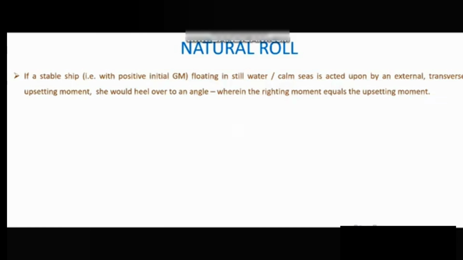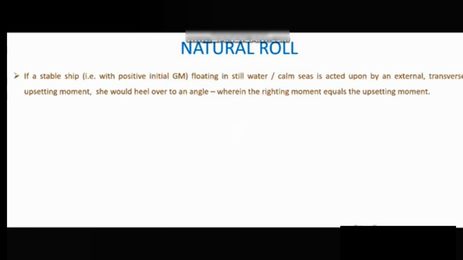Now, whether this period of roll is less or more: if you have two sister ships, say, floating at the same draft, they have different KGs. That means GM is different. If both are inclined by the same upsetting moment to 10 degrees to starboard and then withdrawn, both ships will roll.